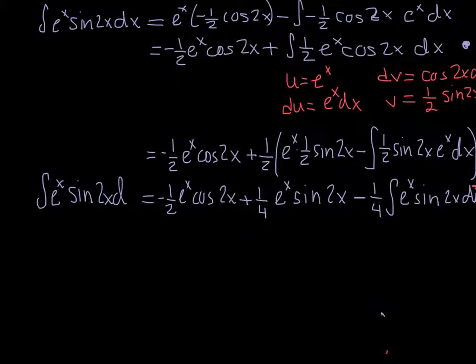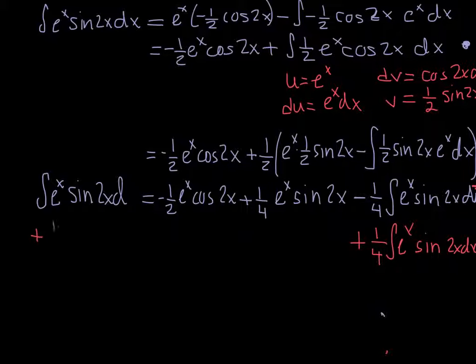So what are we going to do in order to finish this integral? Well, it's pretty easy. I'm going to add in the right side of the equation 1/2 of the integral of e to the x times sine of 2x times dx. And I'm going to do the same in the left side of the equation.